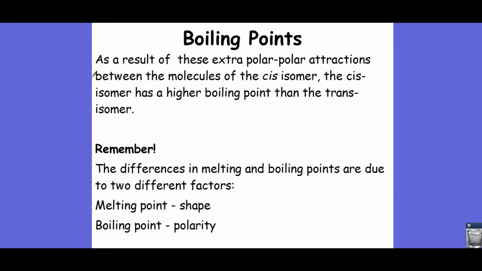So a little summary of what we've just looked at regarding melting and boiling points of cis and trans isomers. The melting point seems to be determined by shape, because the molecules are pulled in to a highly ordered structure.